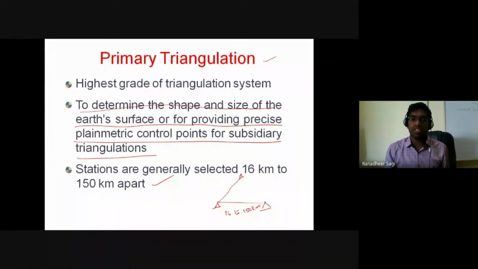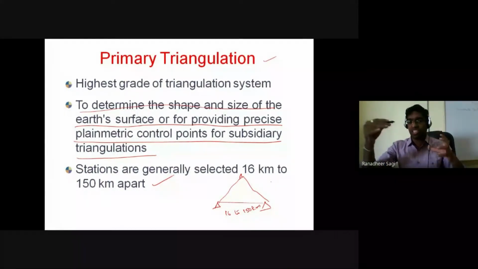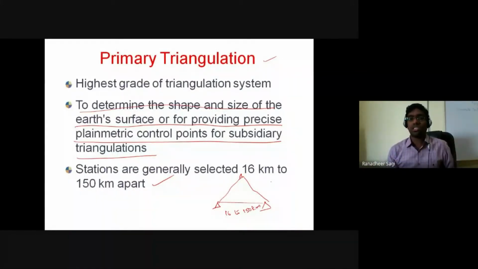The distance between these stations could vary anywhere between 16 and 150 kilometers. That's how you choose your triangulation stations to represent your network. These stations and the lengths between them are very accurately measured and precisely located.